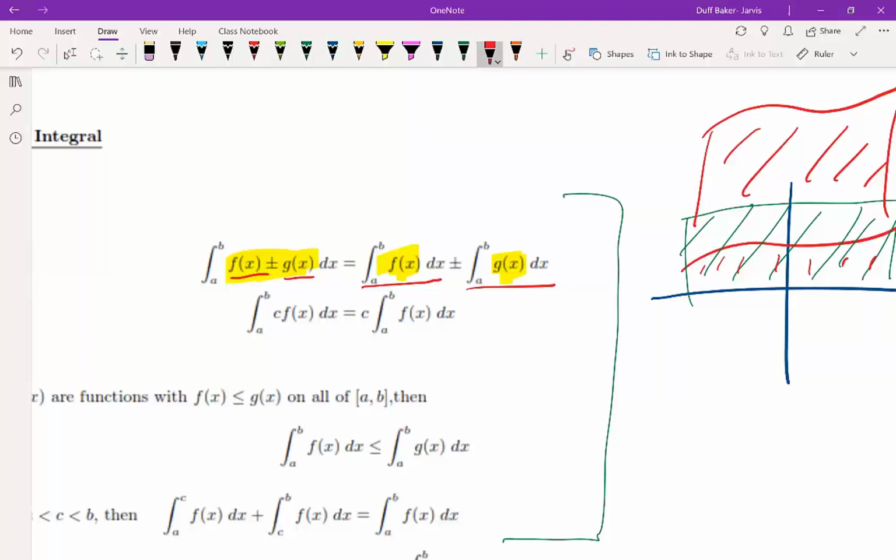And also, similar to derivatives, limits, and summations, if you have a number, you can pull the number outside, as long as it doesn't involve an x, or really the bounds either. If you have a number sitting in an integral, you can pull it out.